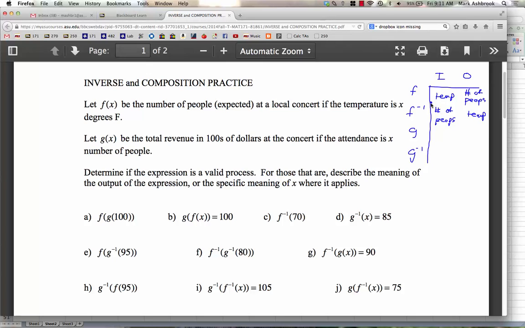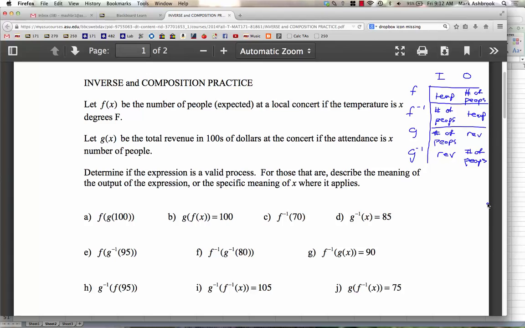Okay. G: attendance is the input. Output: revenue. G inverse: input, number of people.